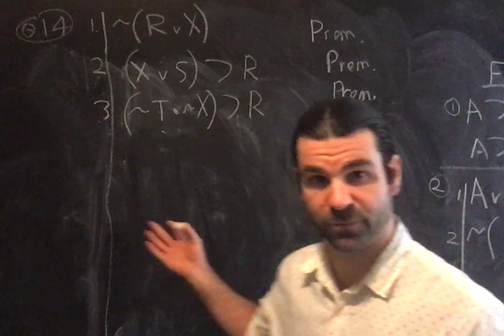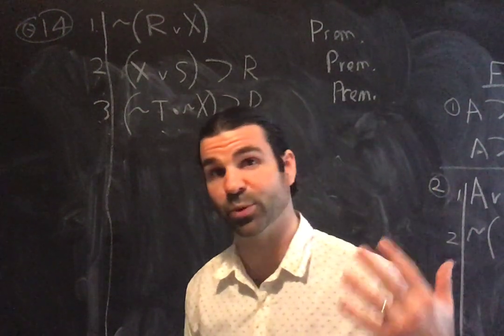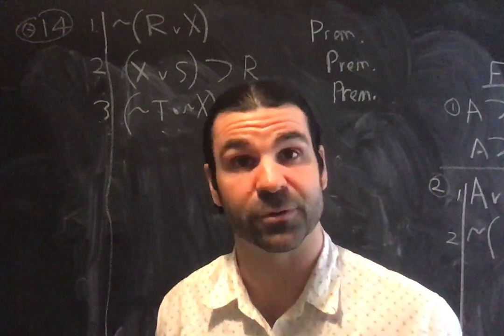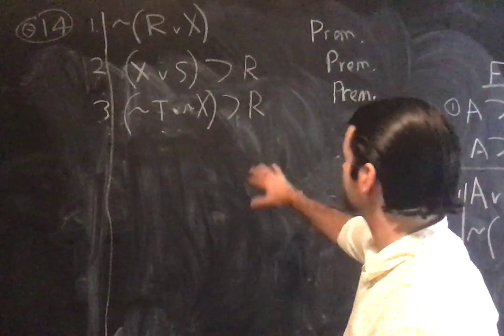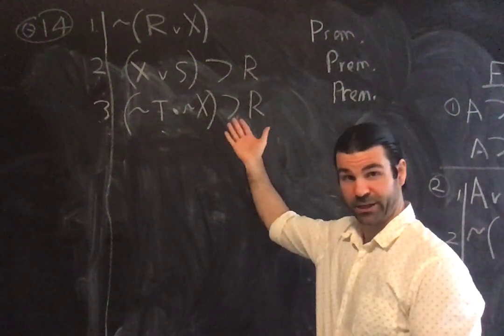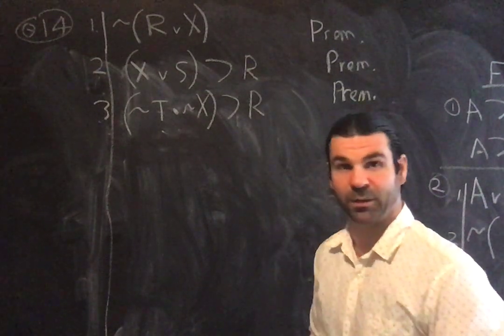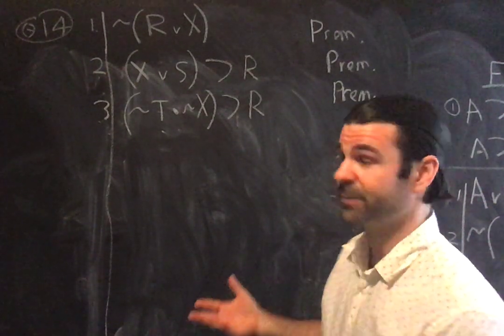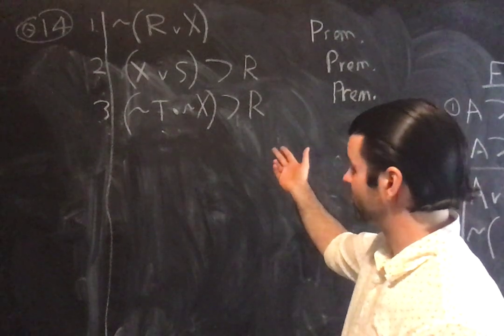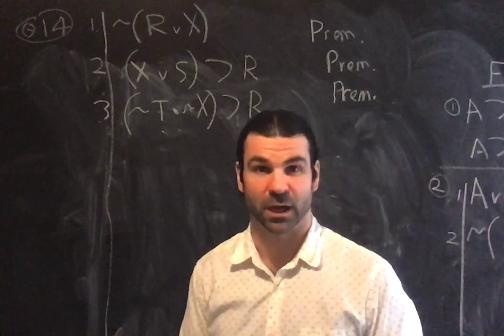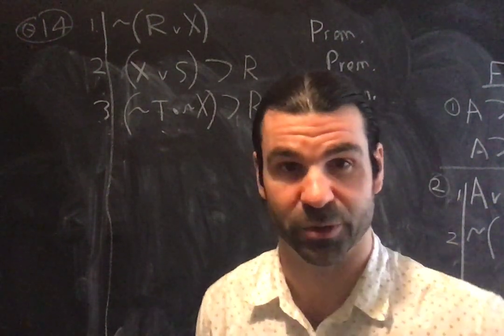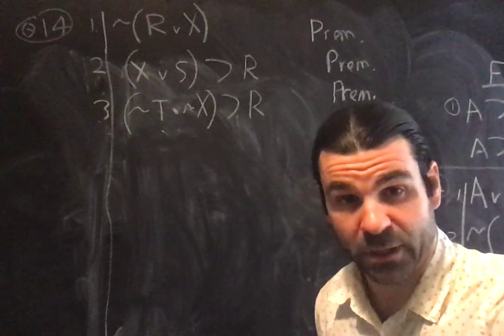Grasp what the forms of all these statements are, and be put in mind of the rules you're going to be applying. I've got a negated disjunction, so yay, happy face. That's going to use De Morgan on that and then simplify. Got a couple of conditionals, so I'm thinking modus ponens, modus tollens. But where am I going? What do I need to get?